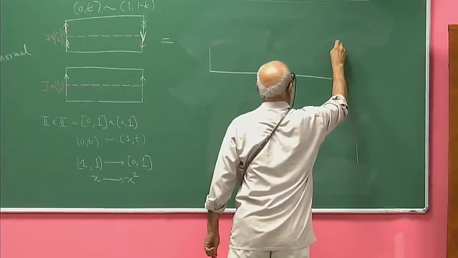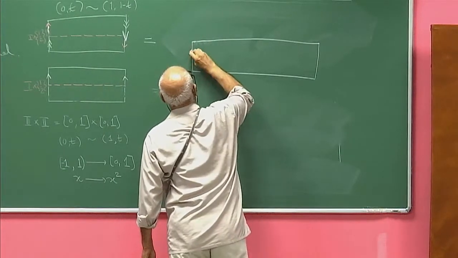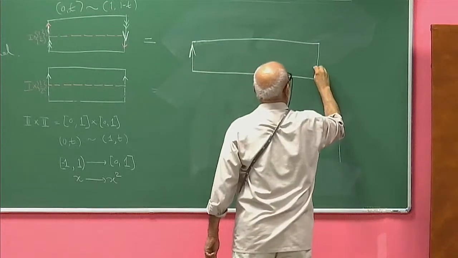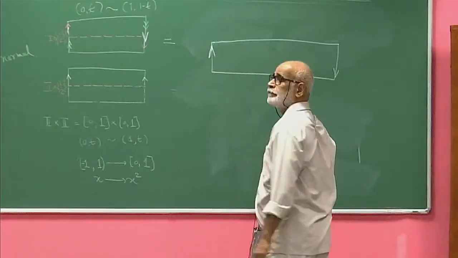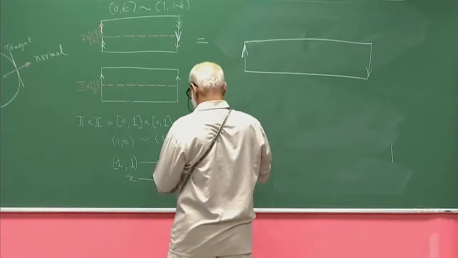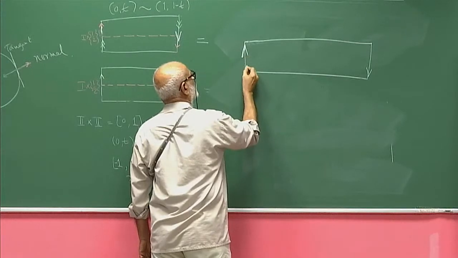So this is the Mobius band with an arrow here and the arrow here this way, right? Now I am cutting it, say at 1/3 line instead of 1/2 here, at 1/3.